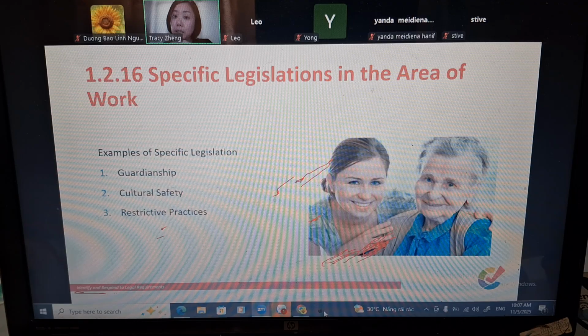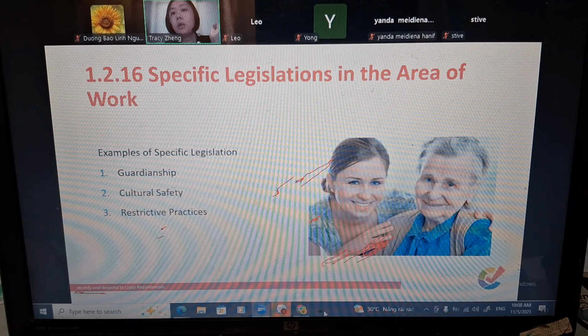There is a legal process, and it needs to be done by filling out some particular forms that need to be witnessed by the solicitor, etc., to make it a valid guardianship. So simply, guardianship is somebody legally appointing another person to make decisions on behalf of them.